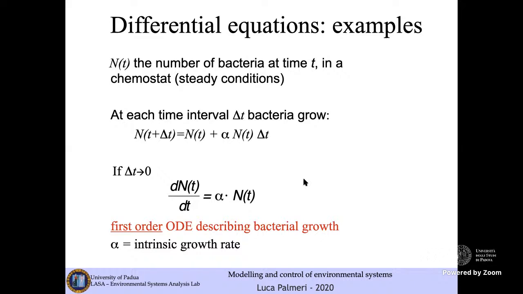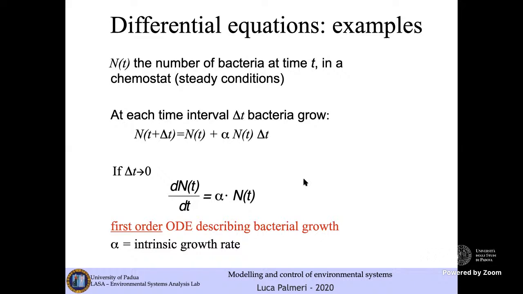So we are assuming steady state conditions. Chemostat means that the chemical and physical conditions are maintained constant. At each time interval, let's say delta t is the time needed for bacteria to grow. You may recall that bacteria grow by splitting in two.